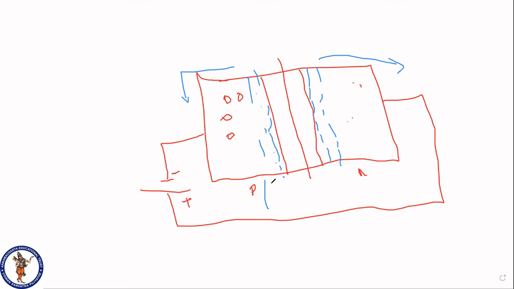So the width of the barrier will increase if we increase the negative voltage in the reverse bias. But in the case of forward bias, the barrier will decrease as we increase the forward input voltage.